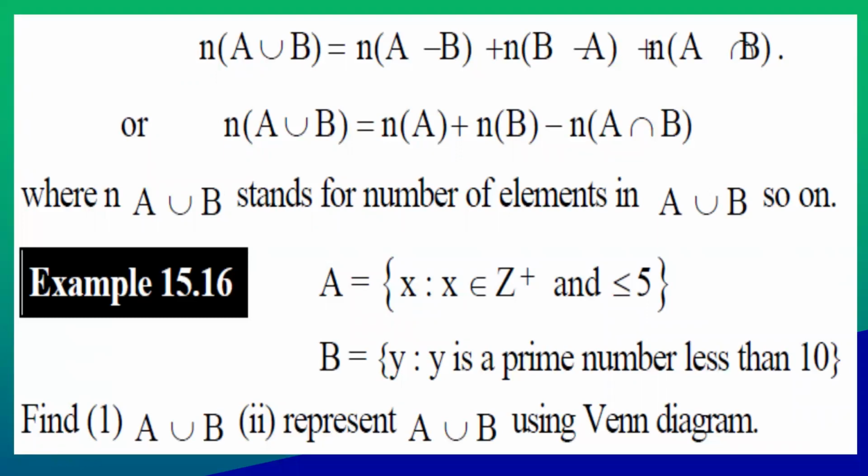So again, if we have n of A union B, it means how many elements are there when we combine A and B.